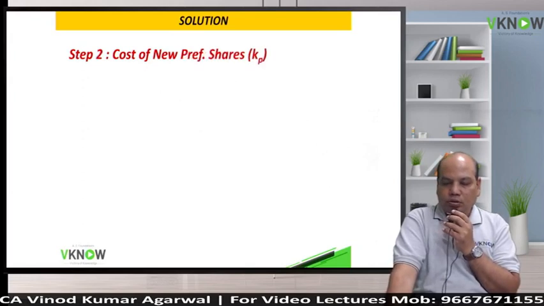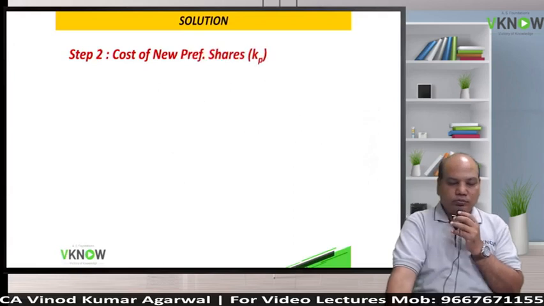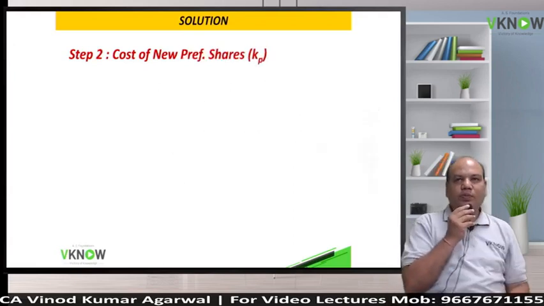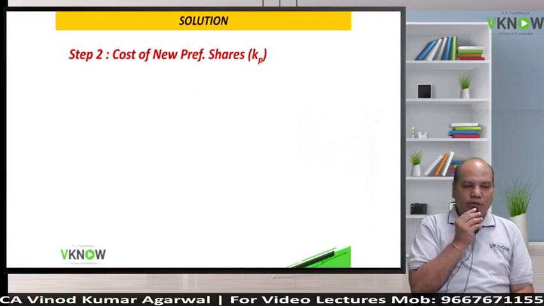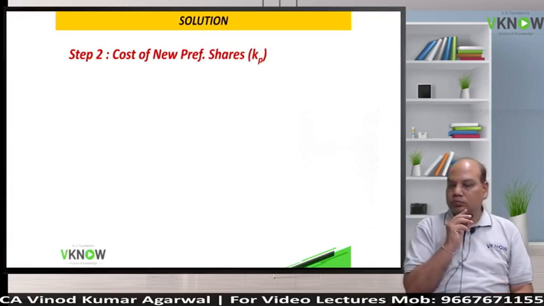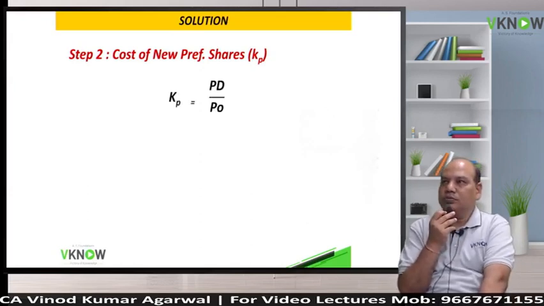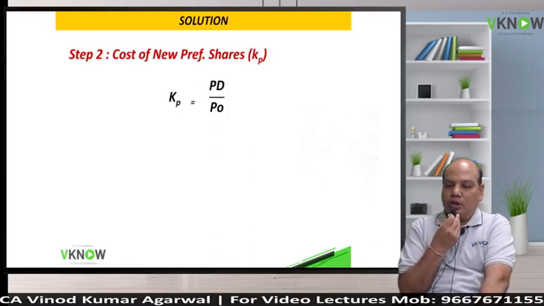Then you write down cost of new preference share. Next step 2. If you write step by step, you get more marks. Cost of new preference share KP is equal to PD upon P0.